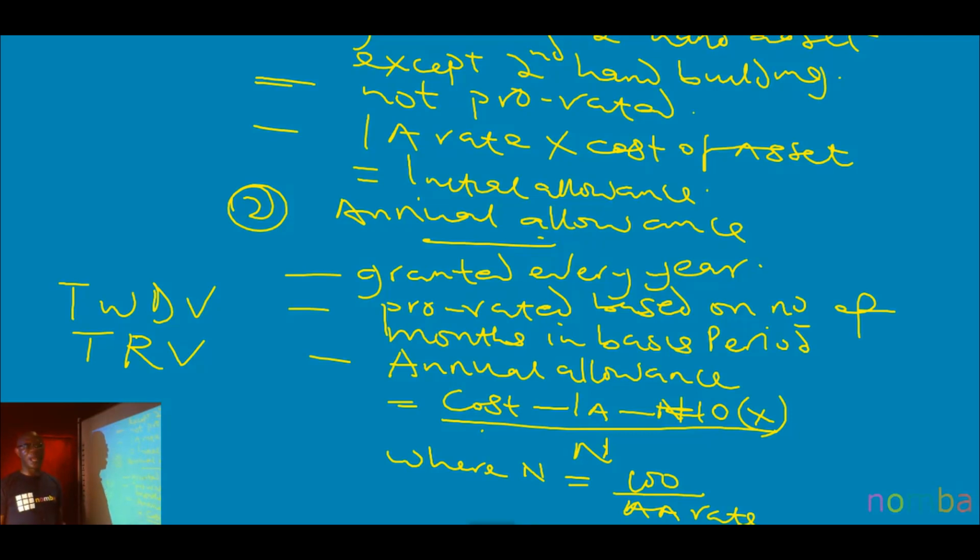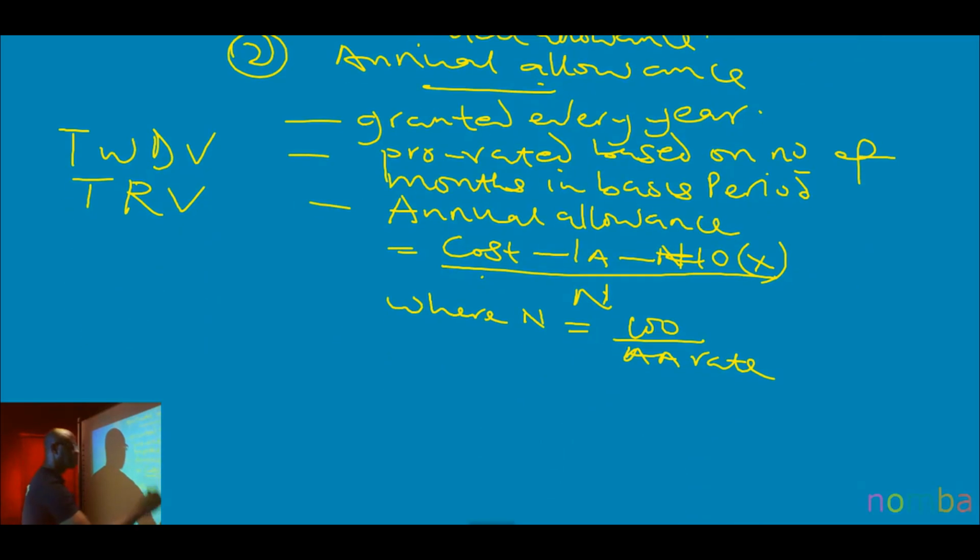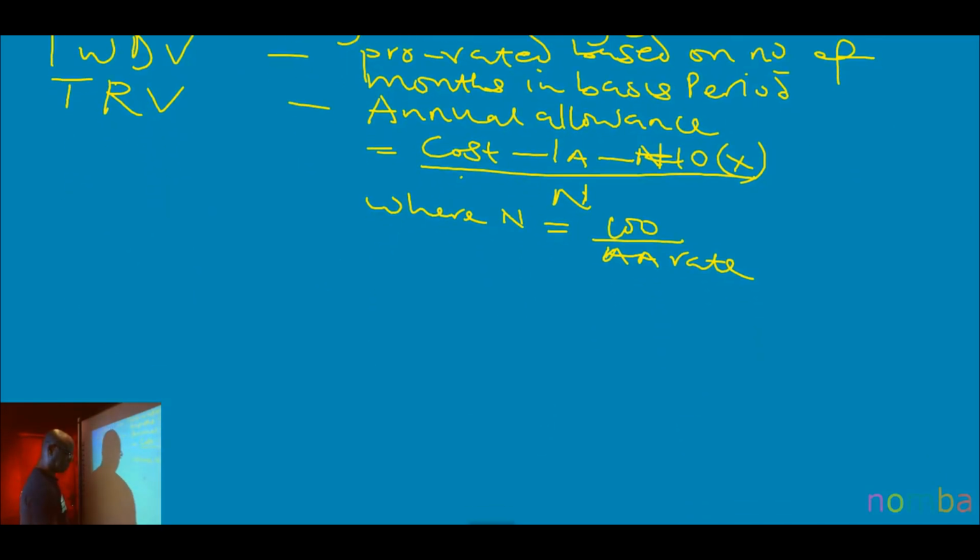But note that this formula is for the first year in the life of the asset. Subsequently, in subsequent years, that's after the first year, the AA will change.